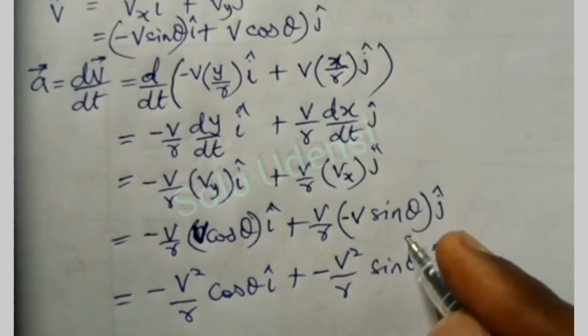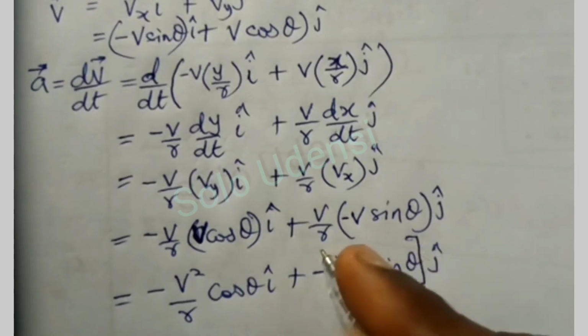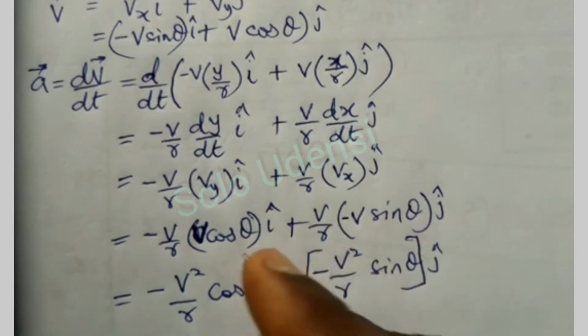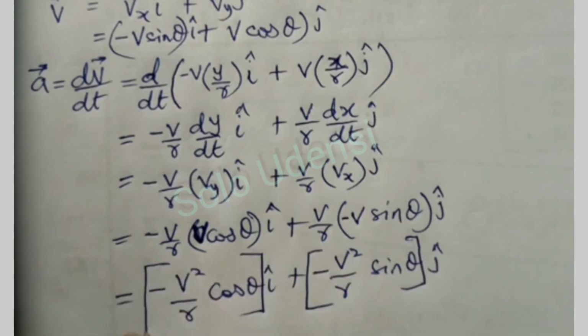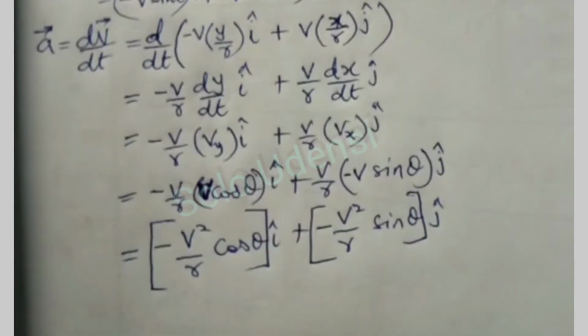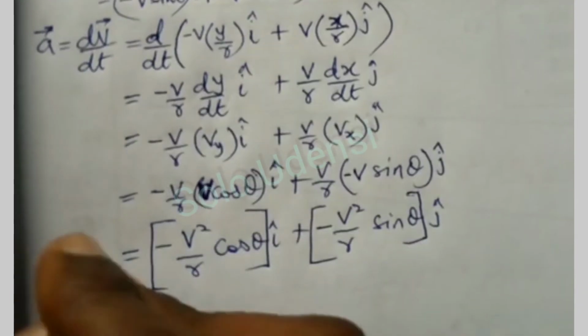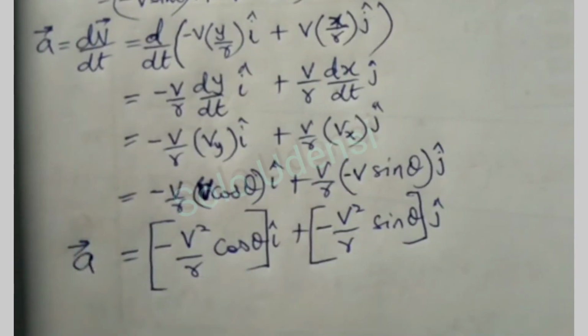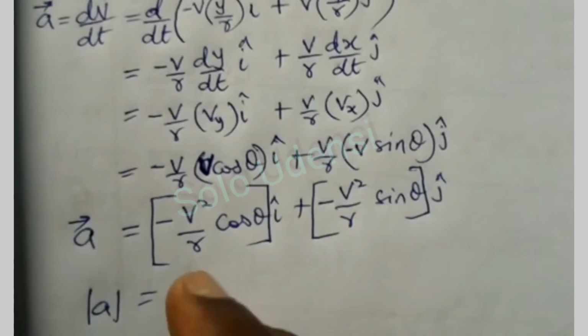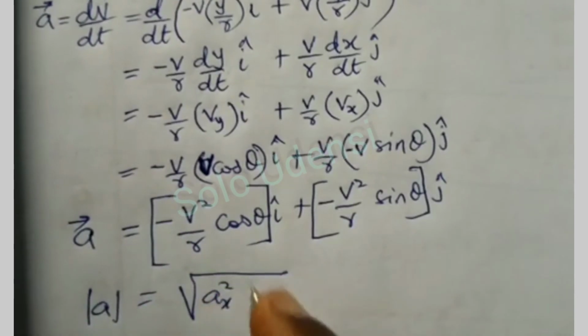So these are the acceleration components on the x and y axes. In order to find the magnitude of this, you know how to find the magnitude. A vector is equal to the square root of ax squared plus ay squared.